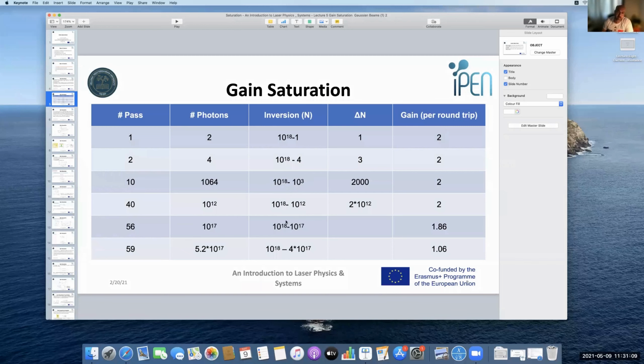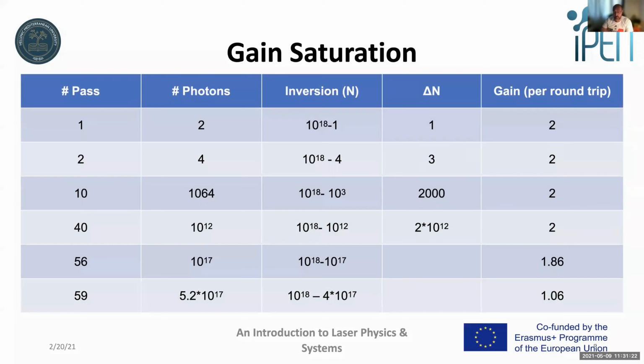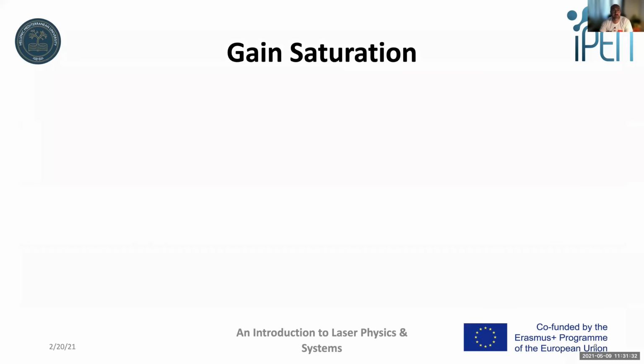We increase this parameter, which is subtracted from our initial gain, and this leads to threshold. So this is exactly what saturation is. We have to pay back the production of laser. So this is the gain saturation.